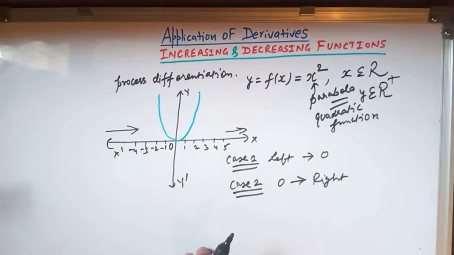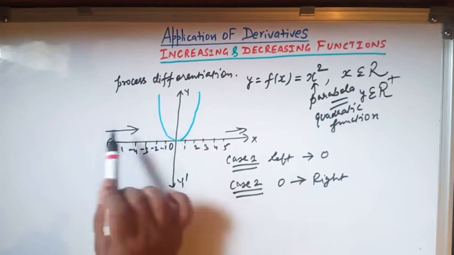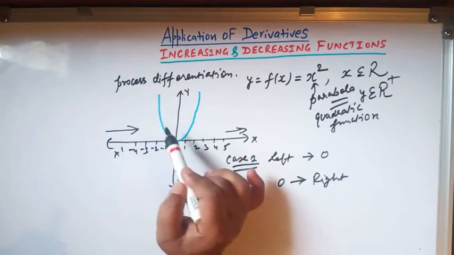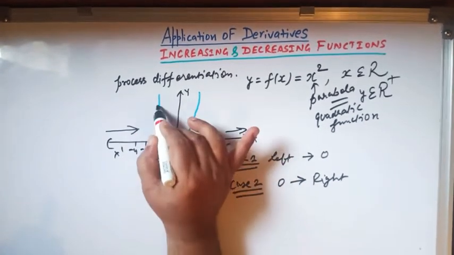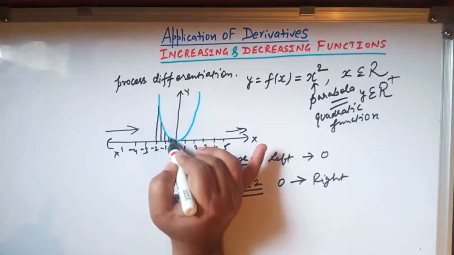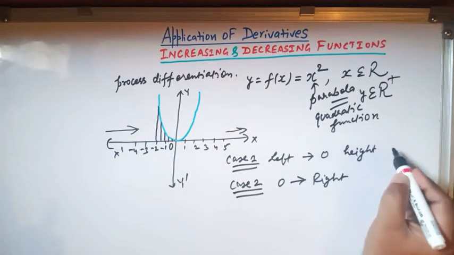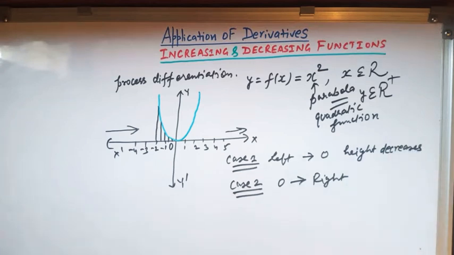So here we see that as we move from left to right, we see the height of this graph. What is the height? Say this is the height. Clear? So the height decreases.